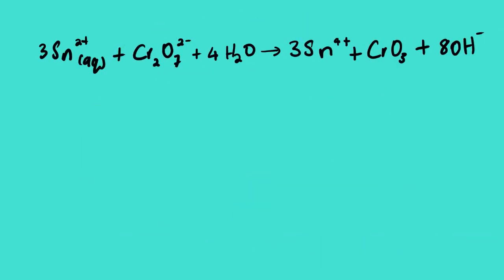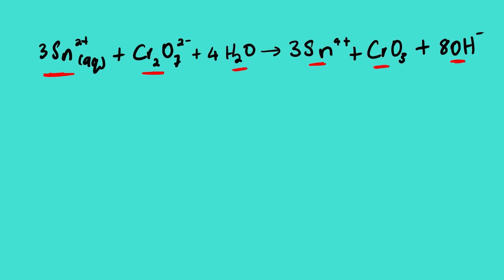We are going to go through several questions based on this balanced equation. The balanced equation has tin ion reacting with dichromate ion plus water to form tin ion plus chromium trioxide plus hydroxide.